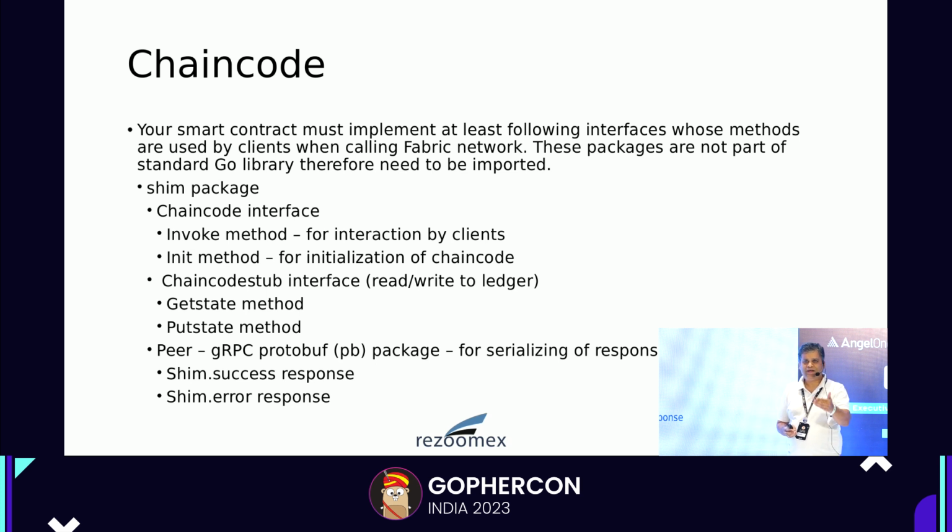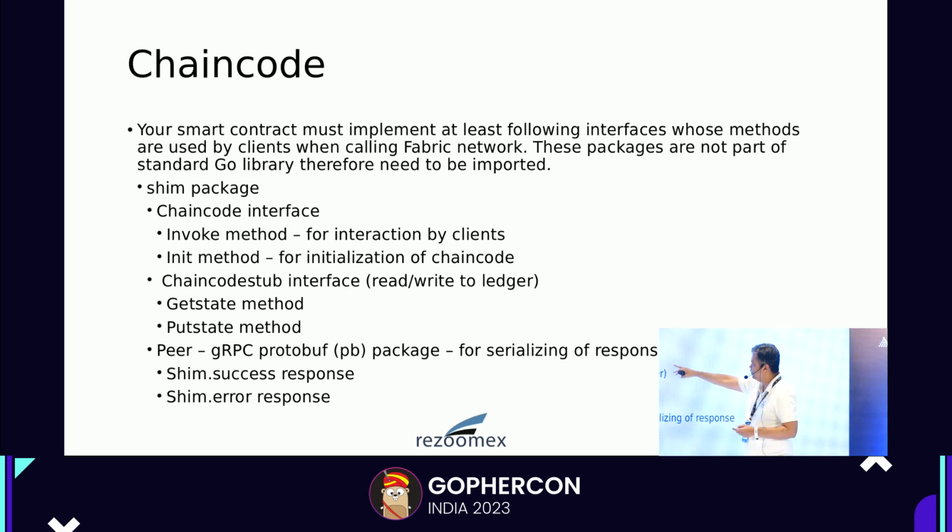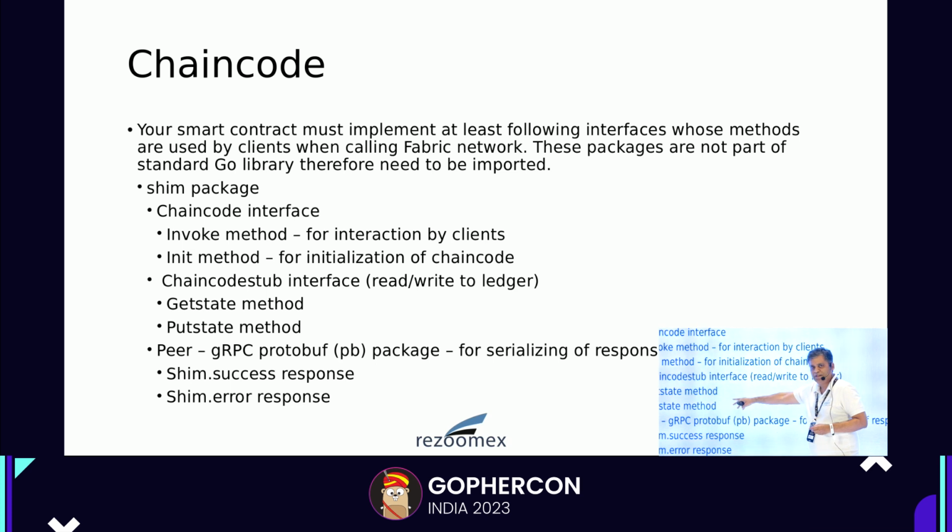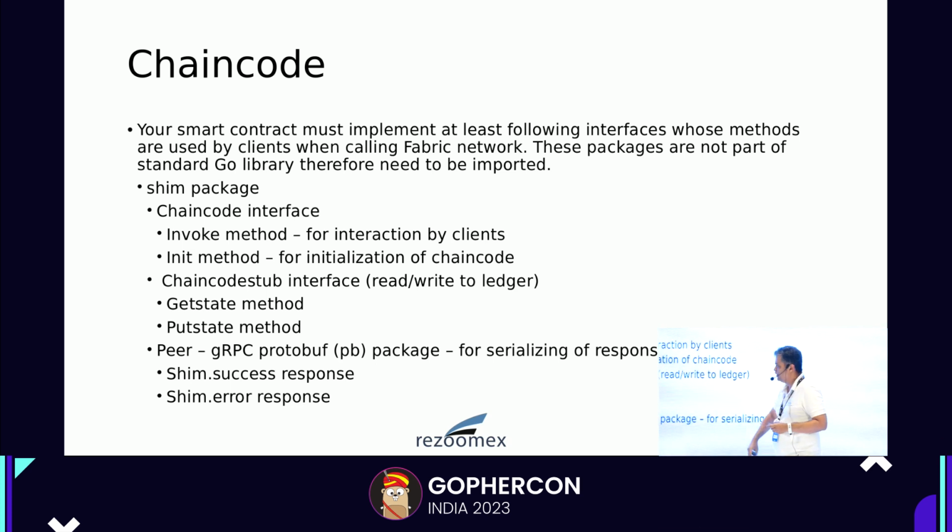So there is a get state, put state, and you use the shim package. For invoking a smart contract, a Golang program, you have to use the invoke method. The init method is to initialize. Get state, put state, which I talked about, deal with the state. So it is a stateful database.